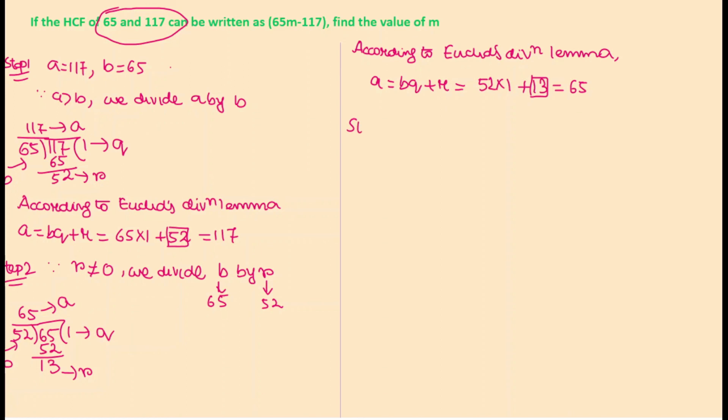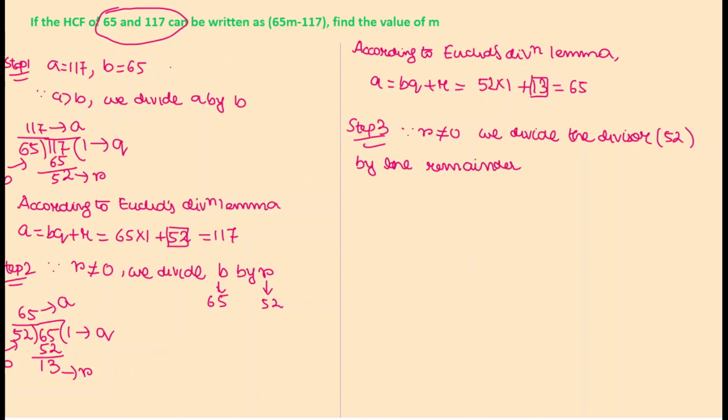So step 3, since R is not equal to 0, we divide the divisor. The divisor over here is 52 by the remainder.